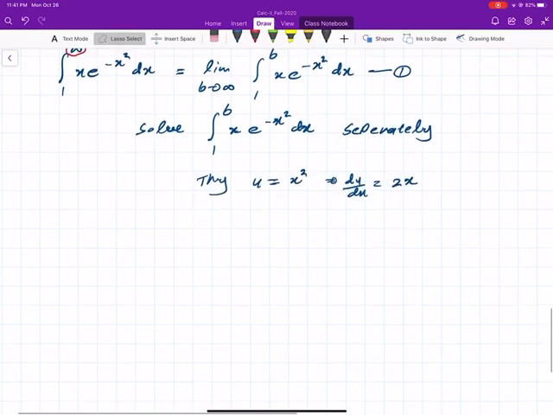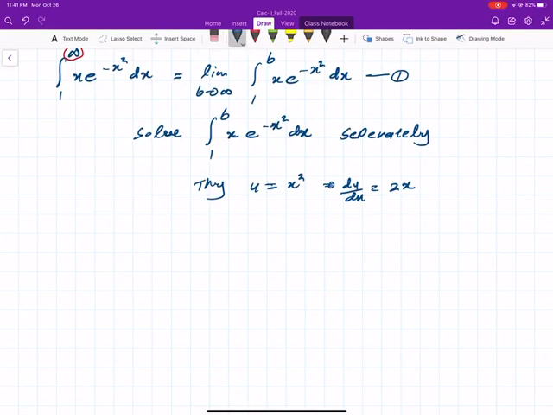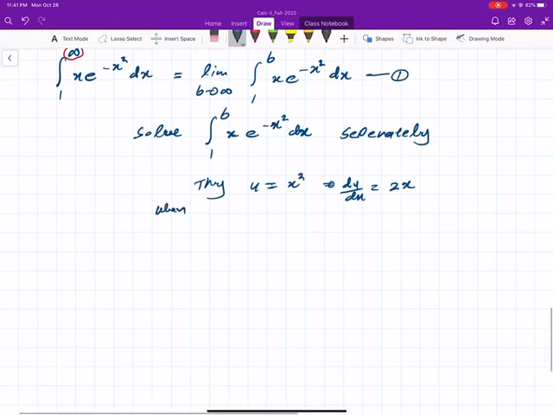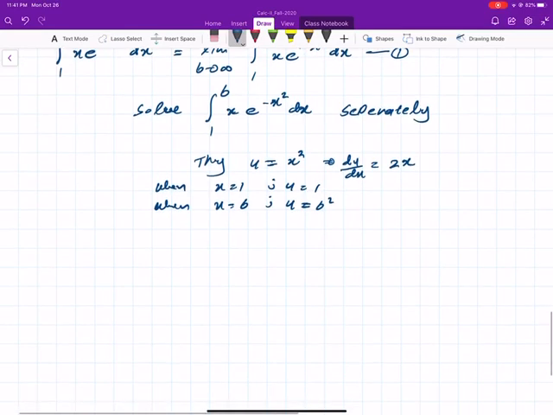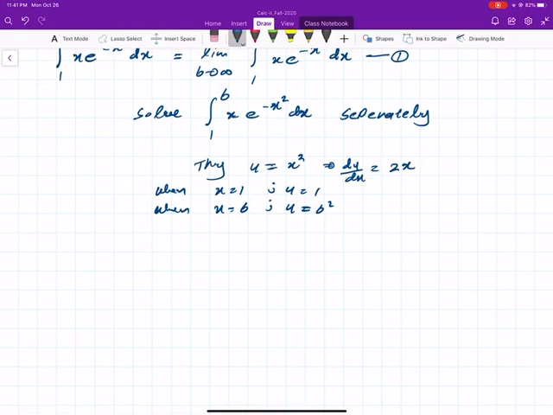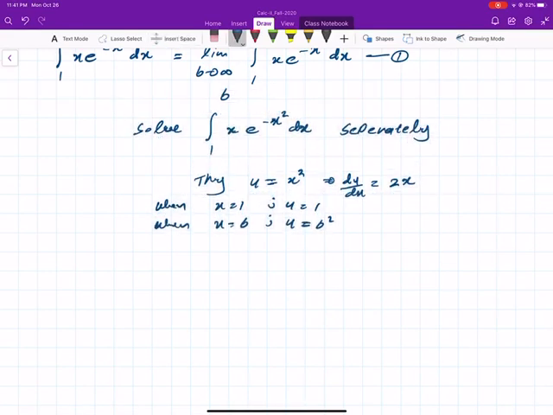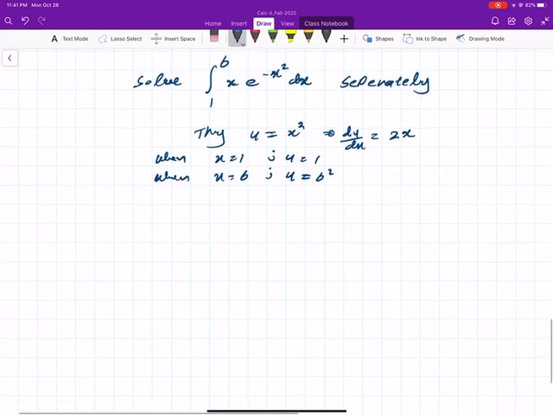Let me substitute everything. When x is 1, u should be 1. When x is b, u should be b squared. So now I have to adjust the limits too.